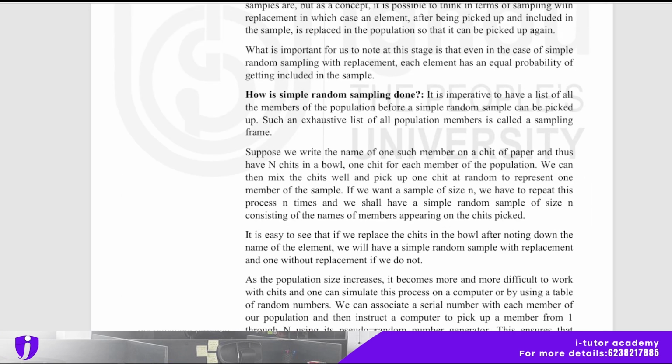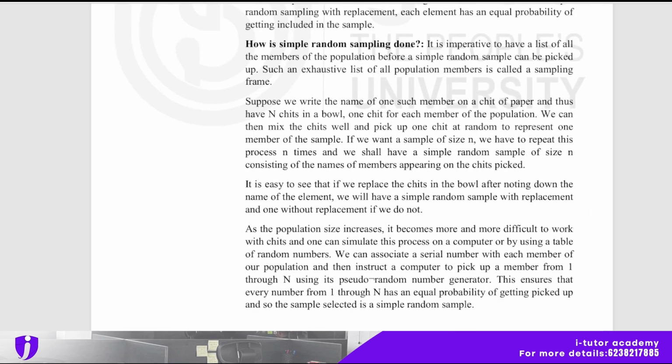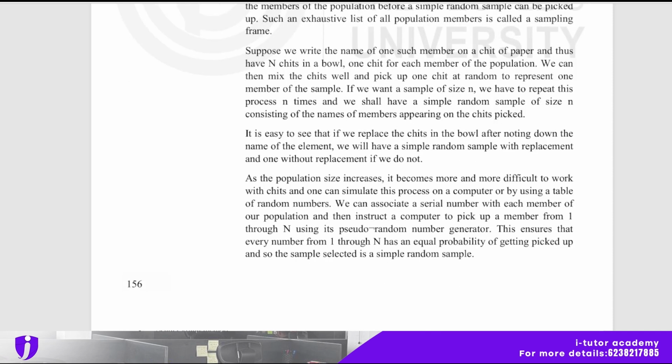How is simple random sampling done? It is imperative to have a list of all the members of the population before a simple random sample can be picked up. Such an exhaustive list of all population members is called a sampling frame. Suppose we write the name of one such member on a sheet of paper and thus have N sheets in a bowl, one sheet for each member of the population.